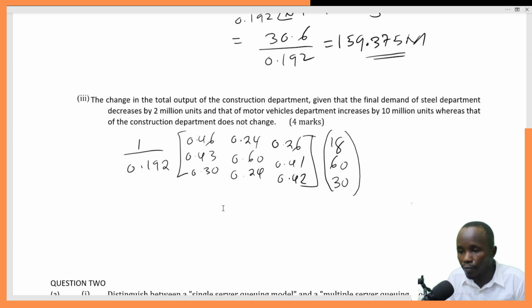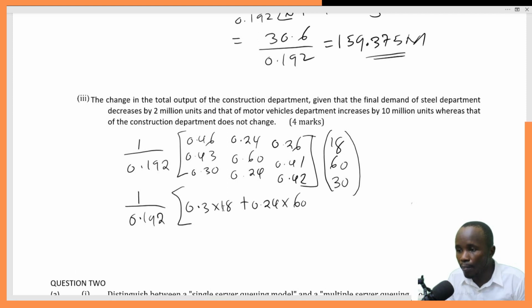The third row is 1 over 0.192 into 0.3 times 18 plus 0.24 times 60 plus 0.42 times 30.